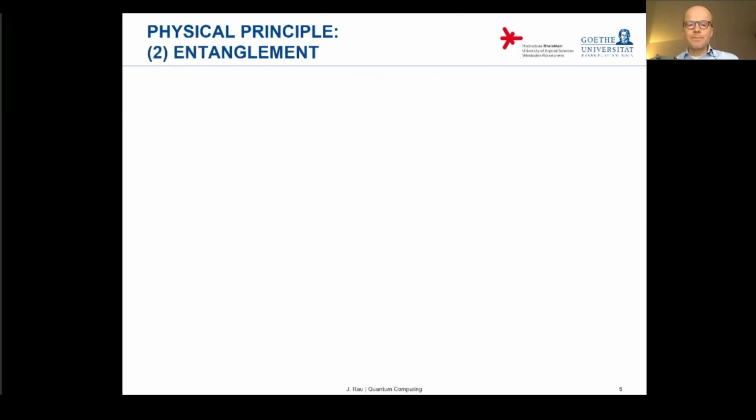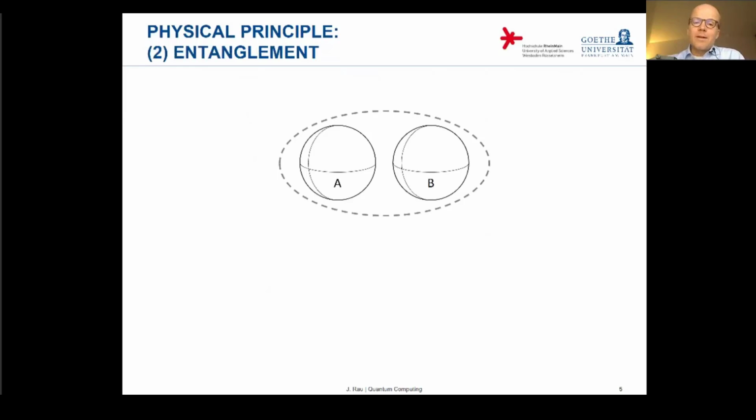So this is one physical principle. And the other one, which we will also start discussing today, is entanglement. Entanglement means that when you look at two or more systems, here symbolized by the two spheres representing two qubits, then the two qubits combined can exhibit statistical correlations that are impossible classically.